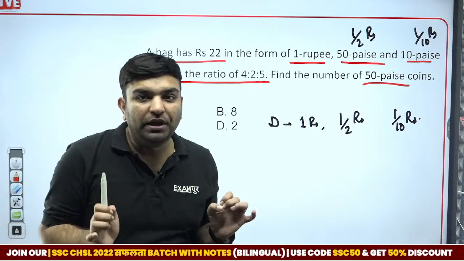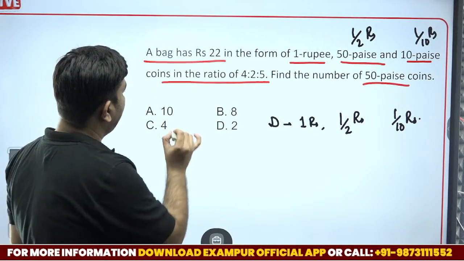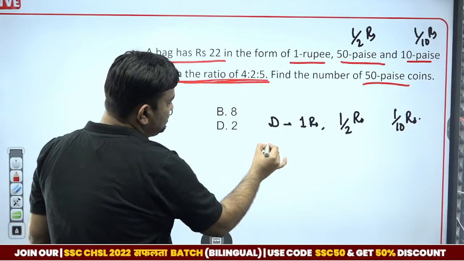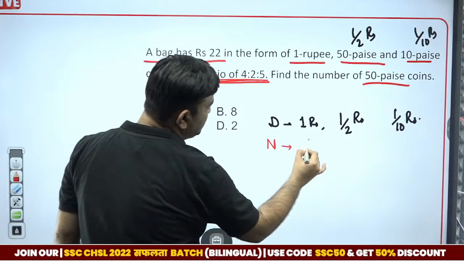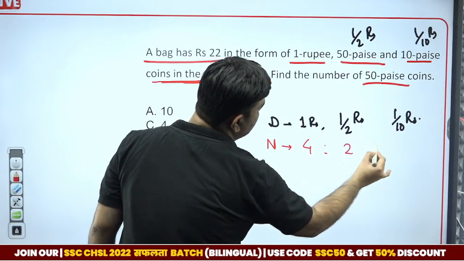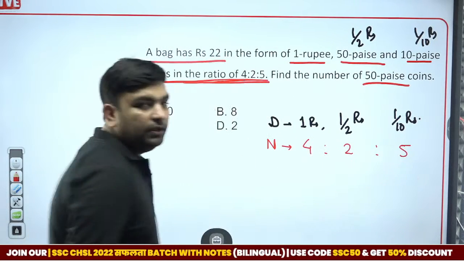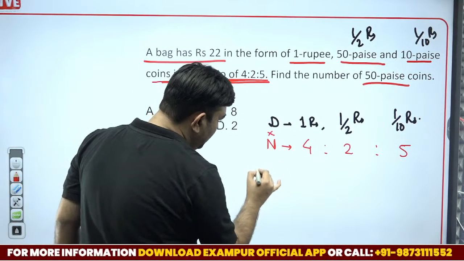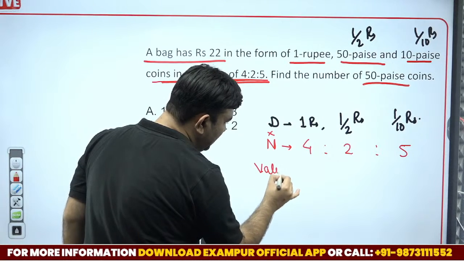Write down their denominations properly. The number of coins are in the ratio 4 to 5. You know, denomination into number is the value.